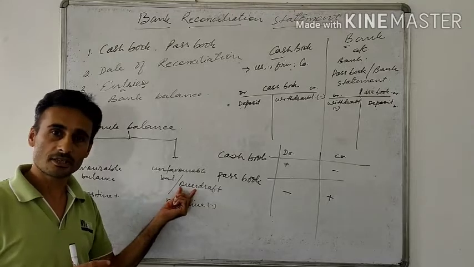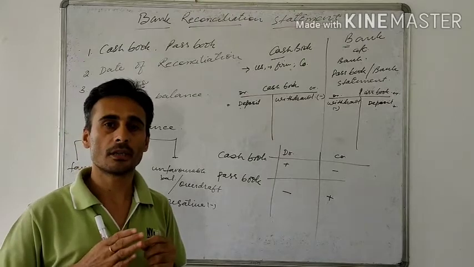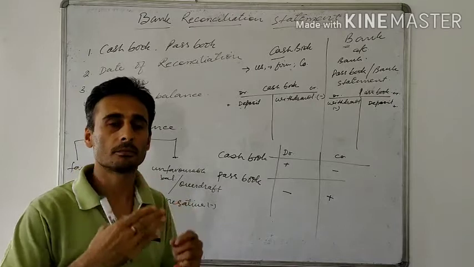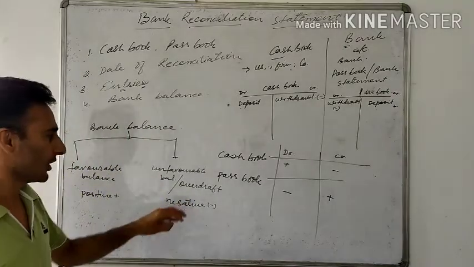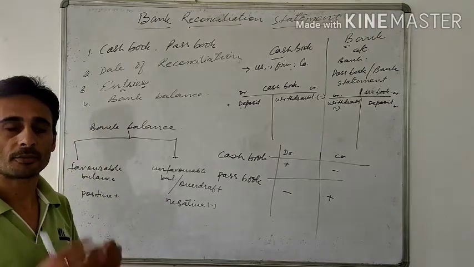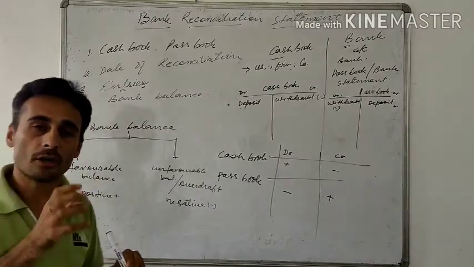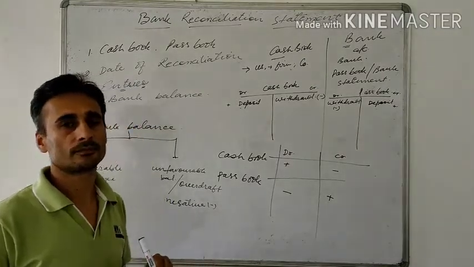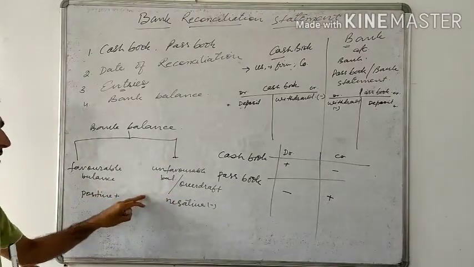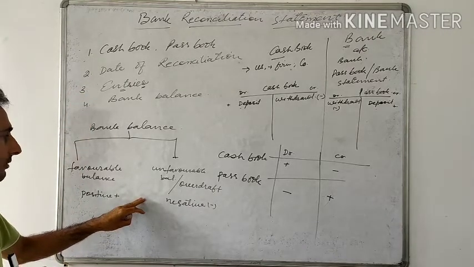As per this facility, the firm or the company is allowed to withdraw money even beyond the deposits it has with the bank. So it is a kind of loan facility given by the bank to companies. That means they are allowed to withdraw more than their own money in the bank account. That is the overdraft facility, right? This is very important for you to know while preparing a bank reconciliation statement.